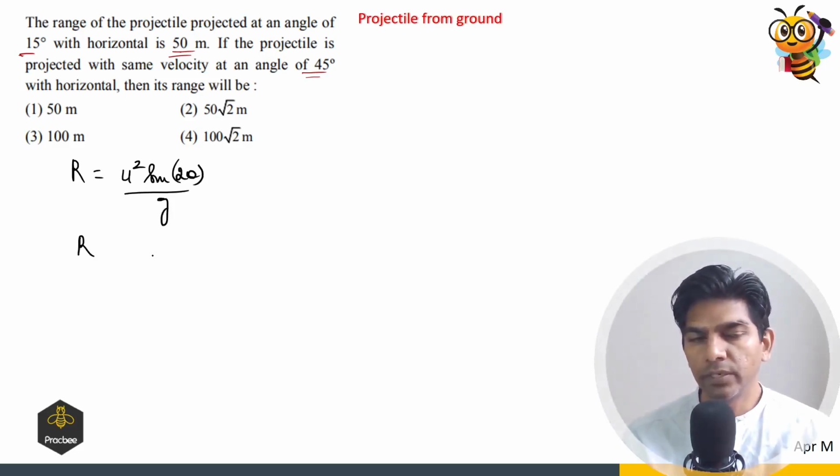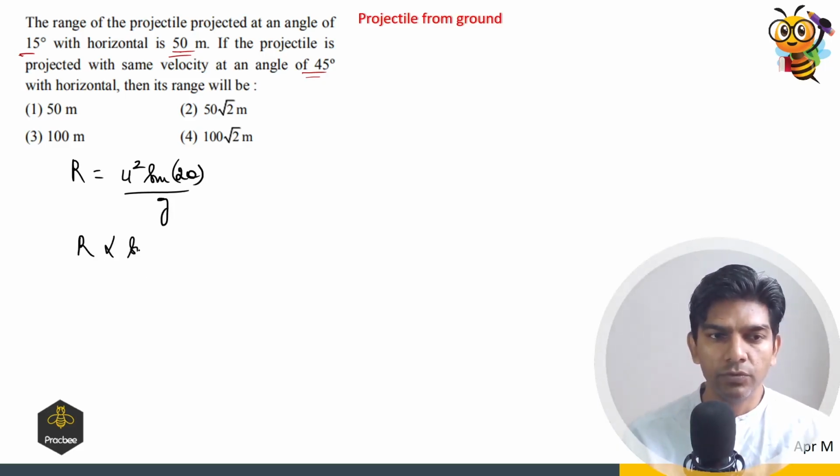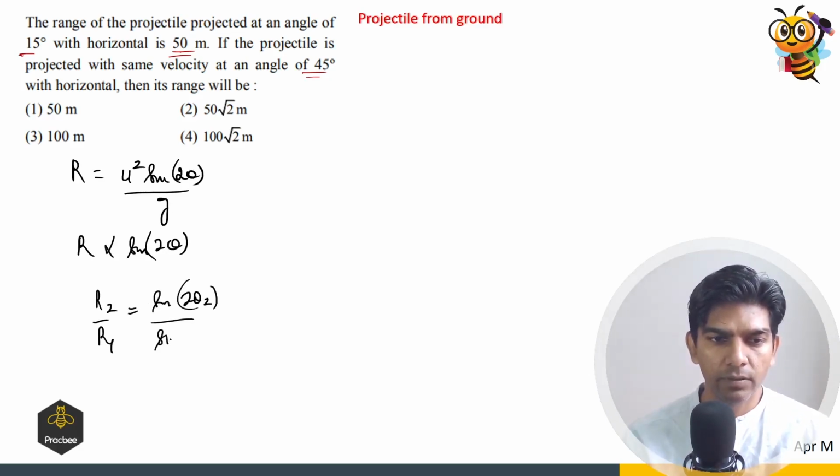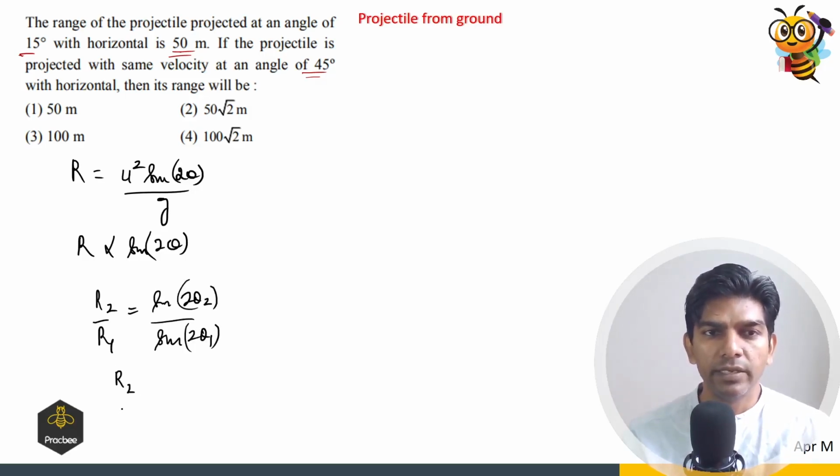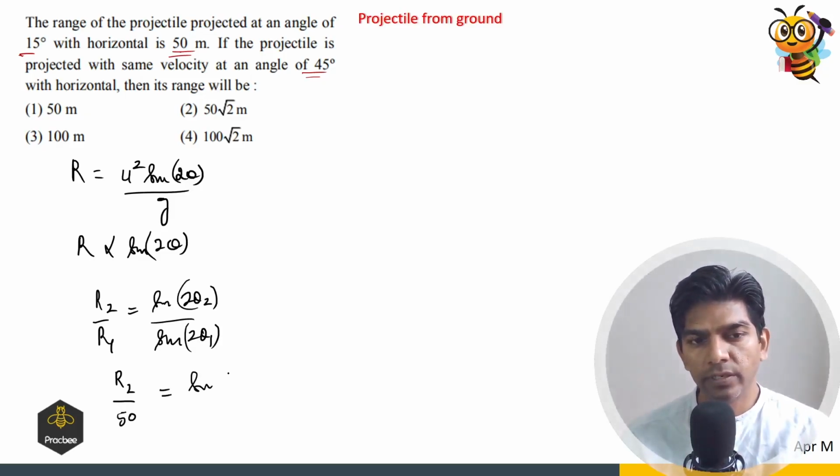So for a given speed, range is proportional to sine 2 theta. So we can say R2 by R1 will be equal to sine 2 theta 2 by sine 2 theta 1. We have to find the range when the angle of projection is 45. So R1 is given as 50 meters, and sine 2 theta 2 will be sine 90 degrees and 2 theta 1 will be 30 degrees.